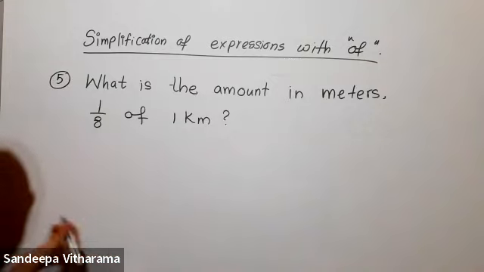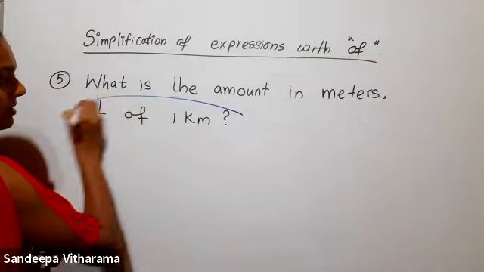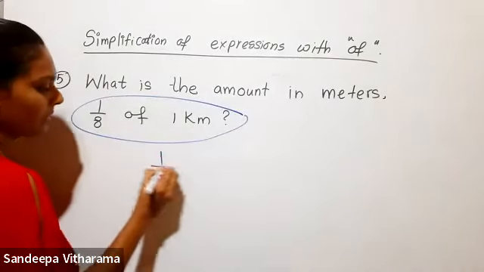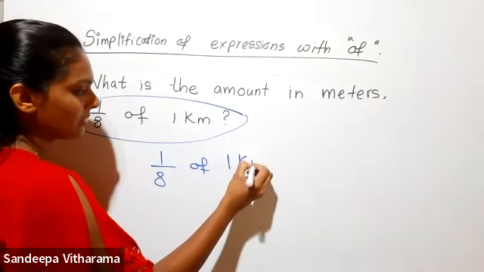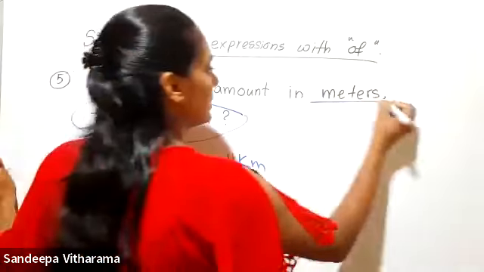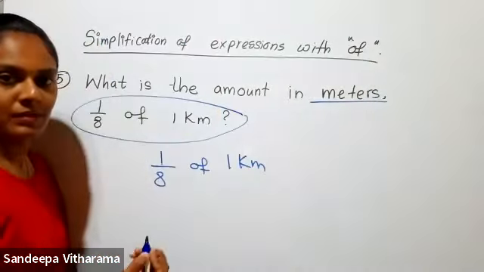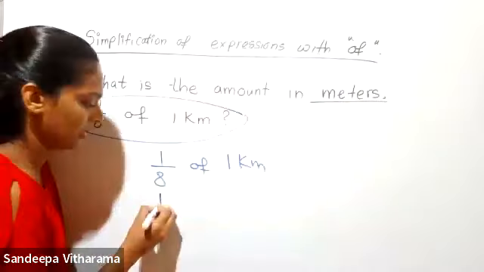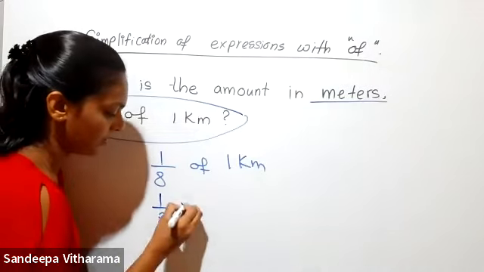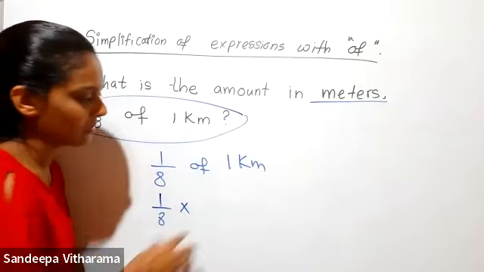How do we do it? Now we extract this. So it becomes 1/8 of 1 kilometer. But we have to write the answer in meters. Meters වලින් තමයි answer එක තියන්න තියෙන්නේ. Then convert: of is replaced by multiplication.